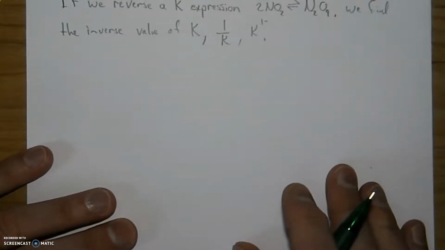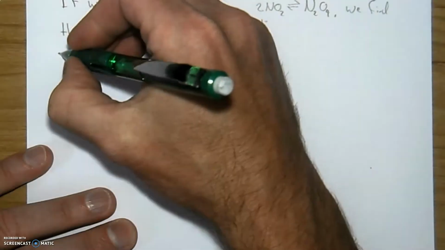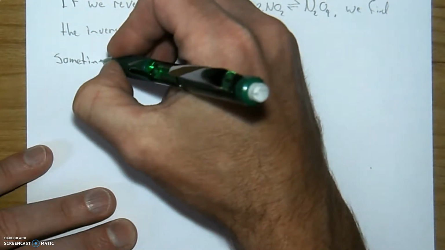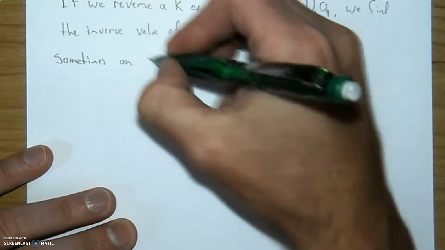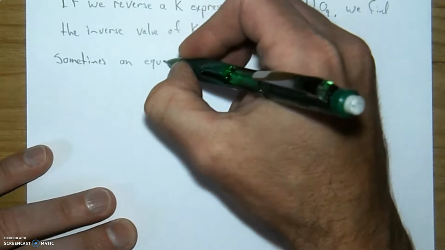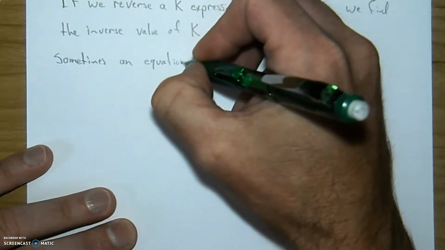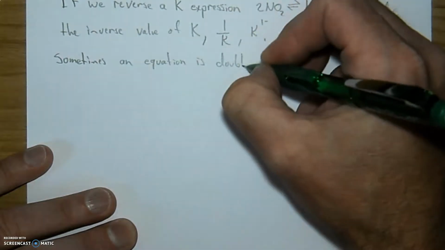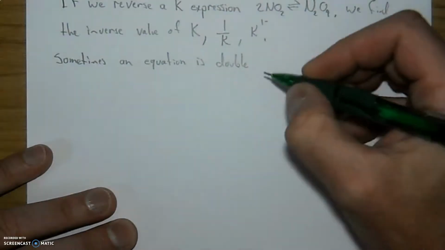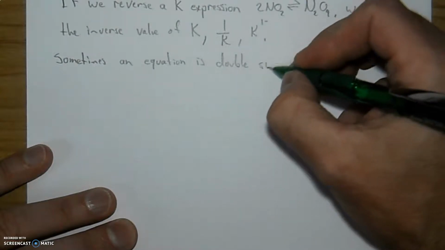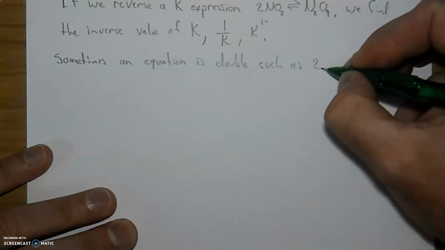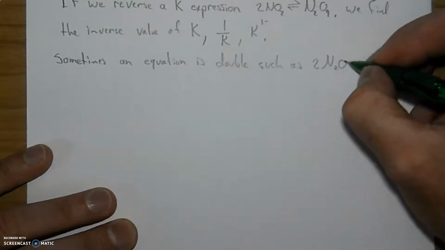Another possibility we could come across, sometimes an equation is doubled, or any multiple you want to put on there, such as 2 N2O4.